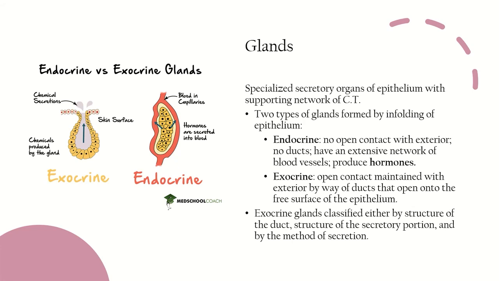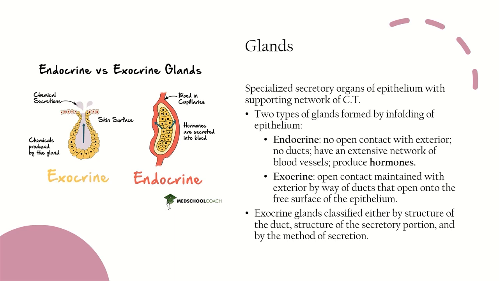So endocrine glands, they're not in open contact with their exterior, right? There's no ducts connecting them, but they do have blood vessels surrounding them, is the idea here, where you can produce hormones, and that's the main idea here.